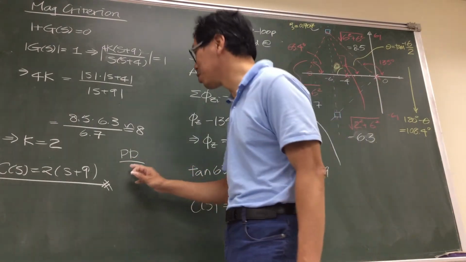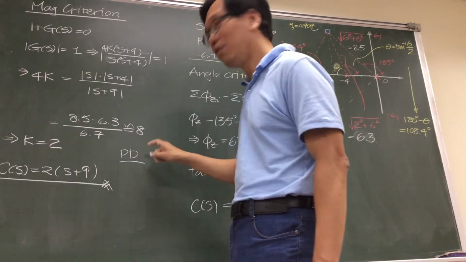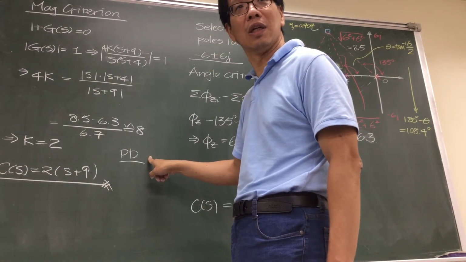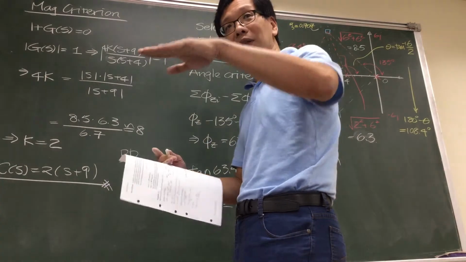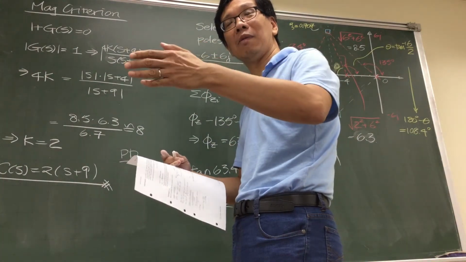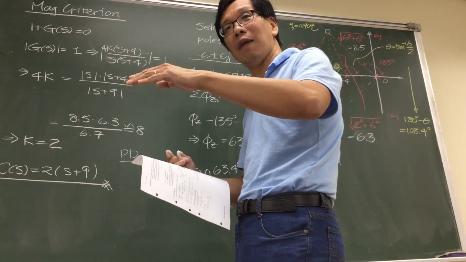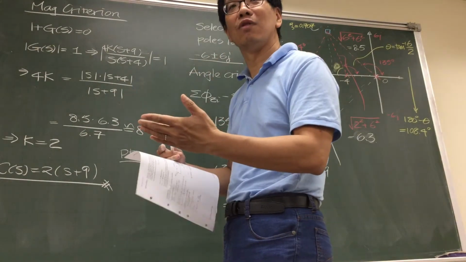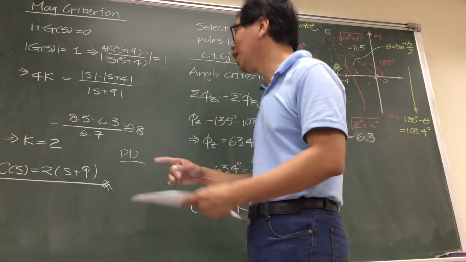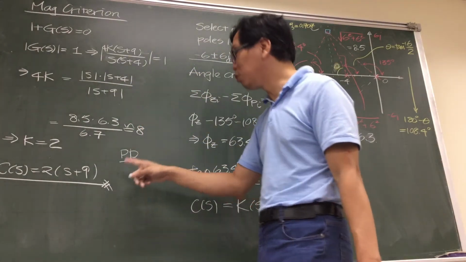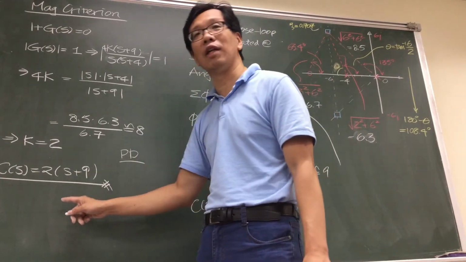Because PD is a good thing, we can limit the overshoot and make the damping ratio smaller, and meanwhile it's fast enough to compensate for everything. So we like PD controller, but we do not like the fact that it doesn't have any pole.